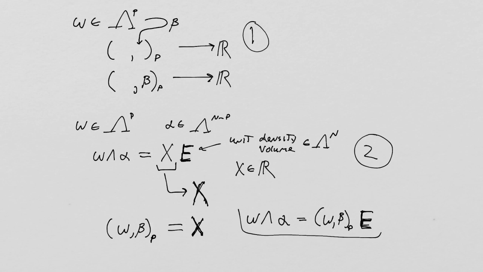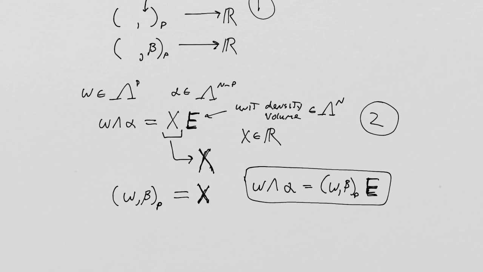And this expression ties alpha and beta together. And when this is true, we say that alpha is the Hodge dual of beta.